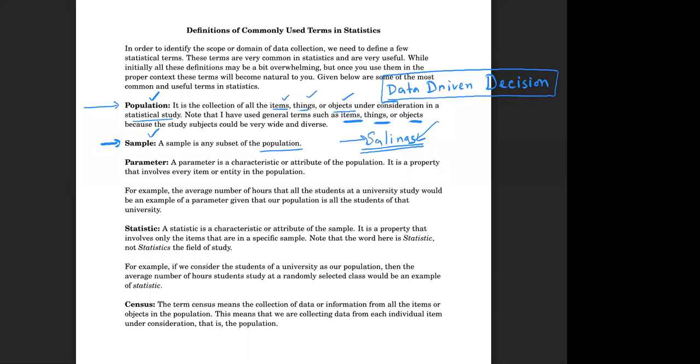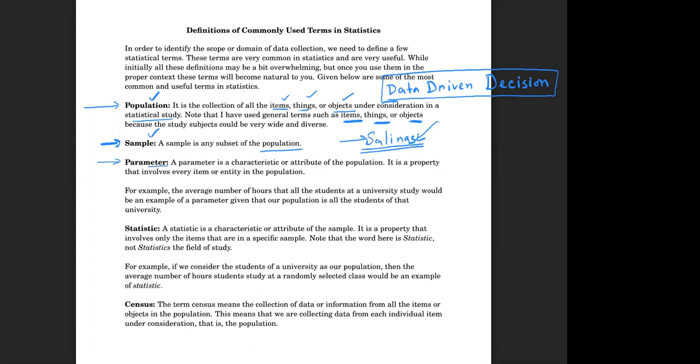Now, I could be asking the question, let's say, in the city of Salinas, what is the average age of the people that live in Salinas? Okay, so that means I'm trying to ask a question that involves all the people that live in Salinas. Now that would be an example of a parameter.